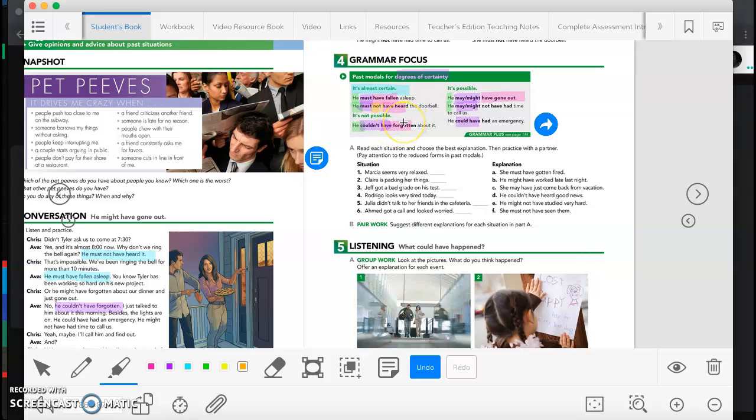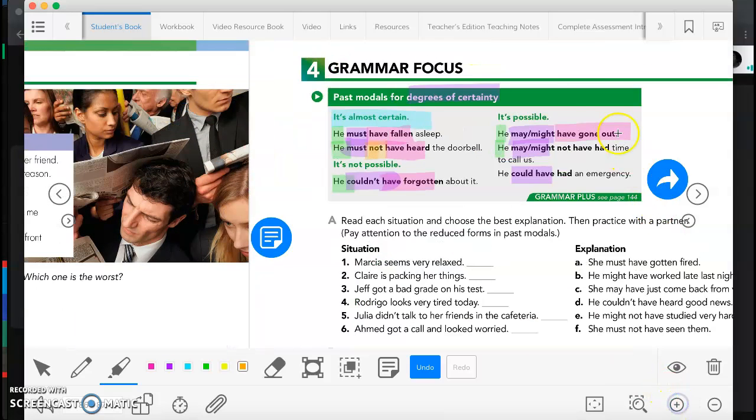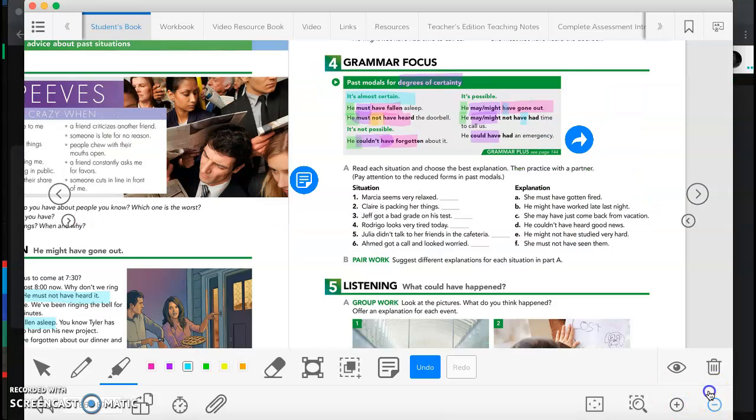Exactly. For "may have" it is "may have," but for "might have" it is "might have." Exactly, because we are basically deleting the "ha." We are not putting this in here, and we are saying "may have" or "might have," because we are putting it in short. Very good, Julian.